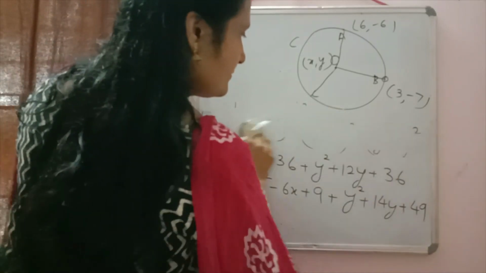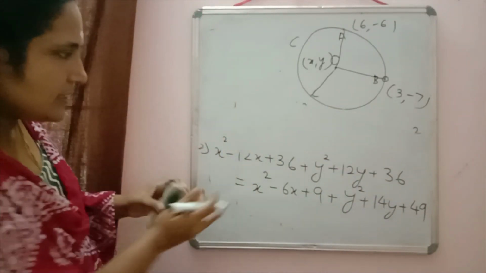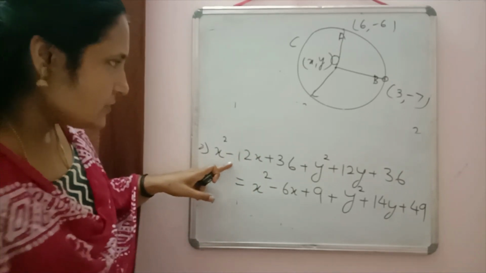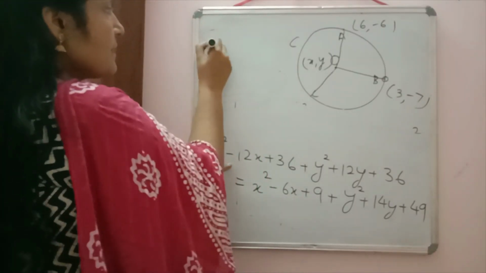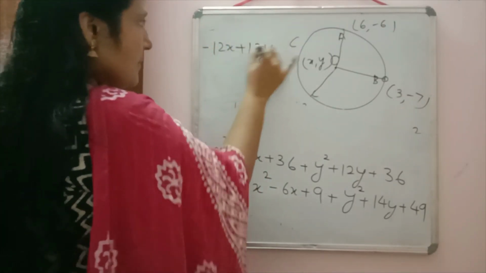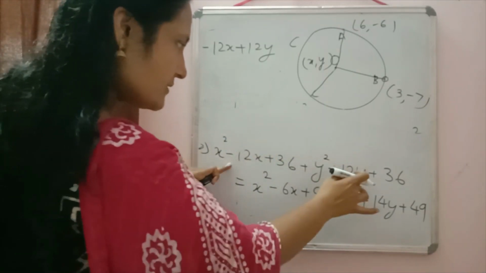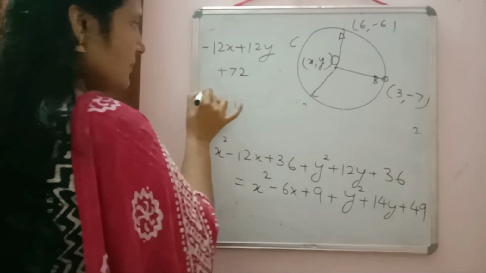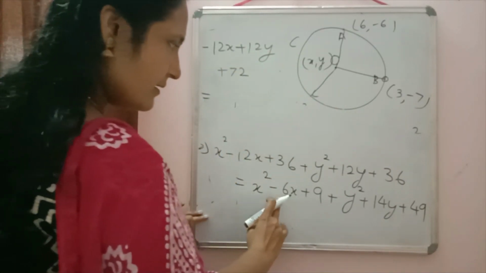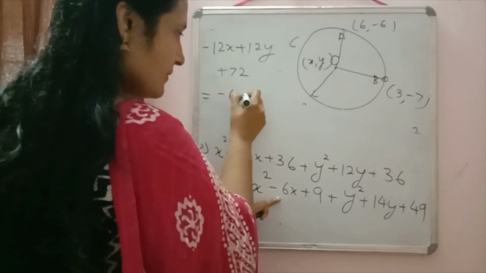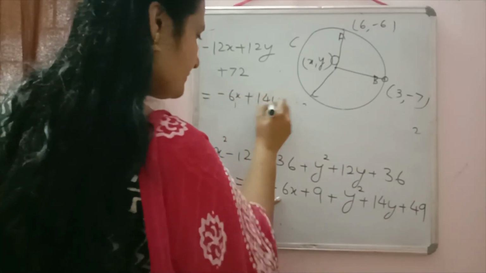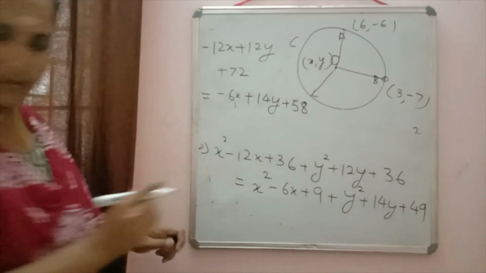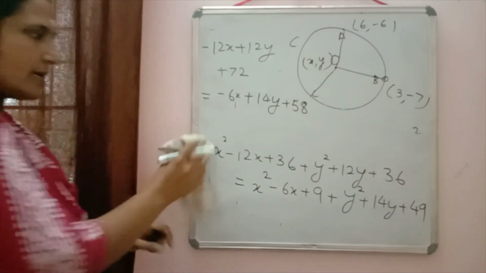The remaining expression: minus 12x plus 12y, then 36 plus 36 will be equal to 72, equal to the right hand side minus 6x plus 14y, 49 plus 9 will be equal to 58. So we can shift all the expression to one side.